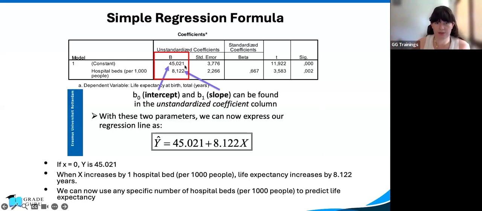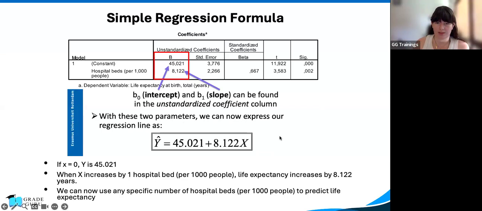So 45.021 is your B0. And your B1 is always right underneath that, in alignment with your independent variable, hospital beds per 1,000 people. And that is a complete formula. Now all you need to answer a question is a specific x value to be able to predict the y value.